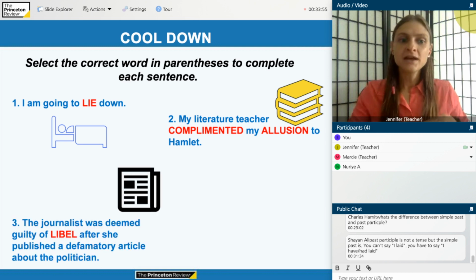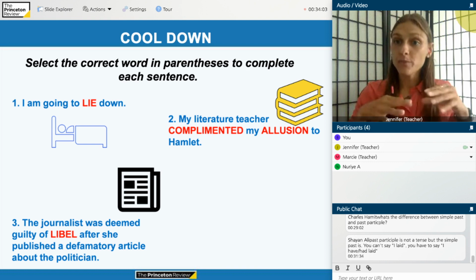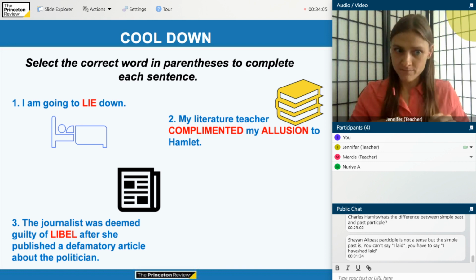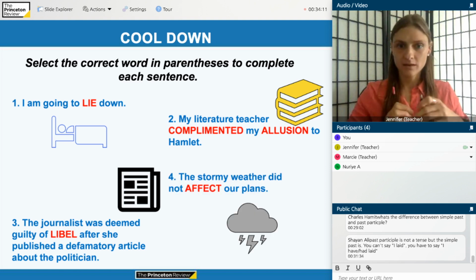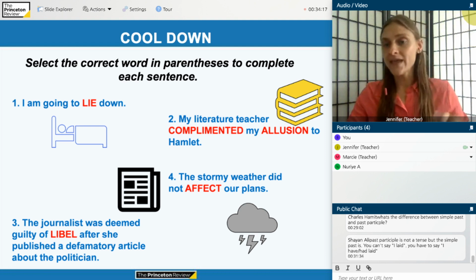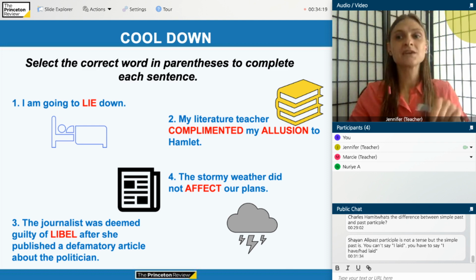Number 3, the journalist was deemed guilty of libel after she published a defamatory article about the politician. So because it's published in written form, it's an article, that's libel. And finally, the stormy weather did not affect our plans. We could say it did not have an effect with an E if we were to use that as a noun.